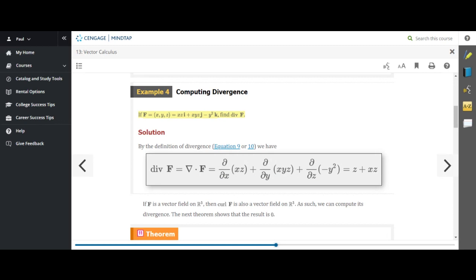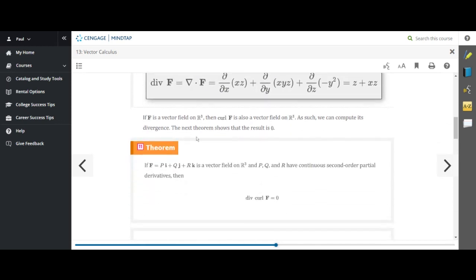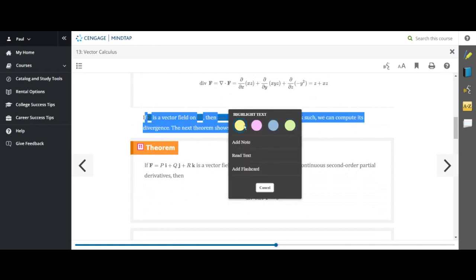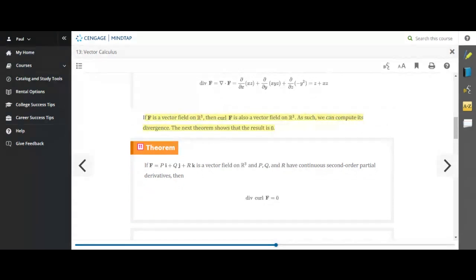Okay. Well, so they make a comment that if you have a vector field on R cubed, then the curl of the vector field is also a vector field on R cubed. We know that.